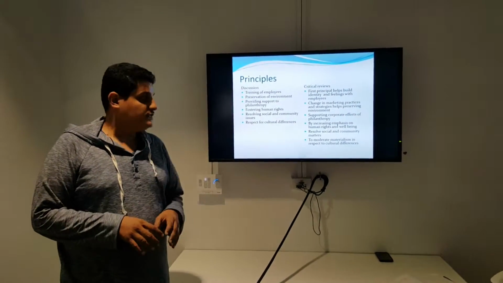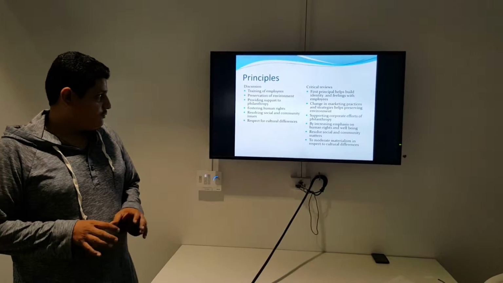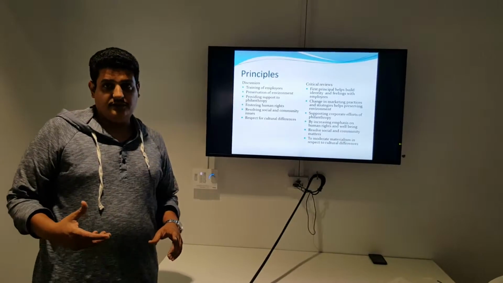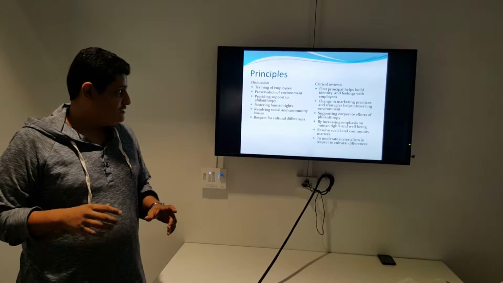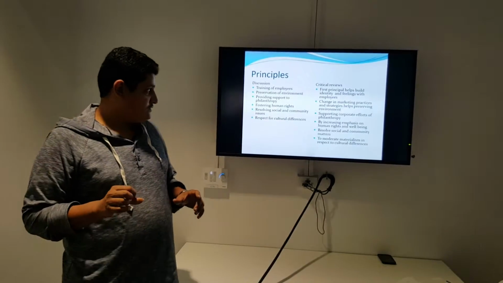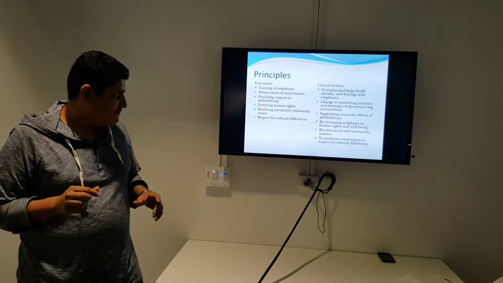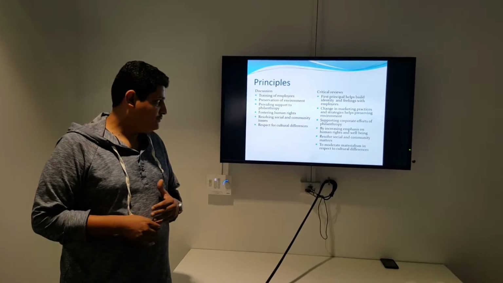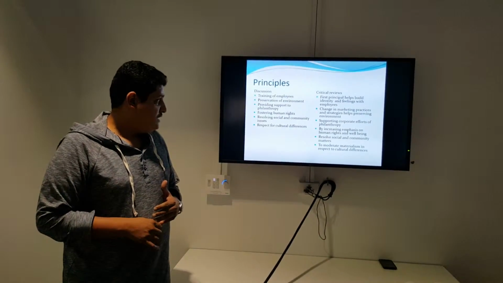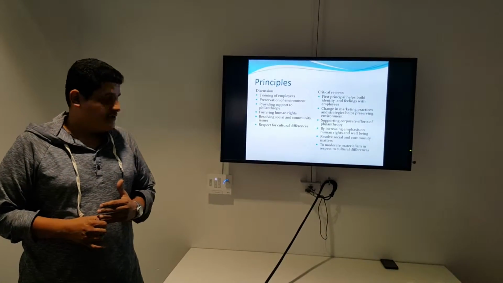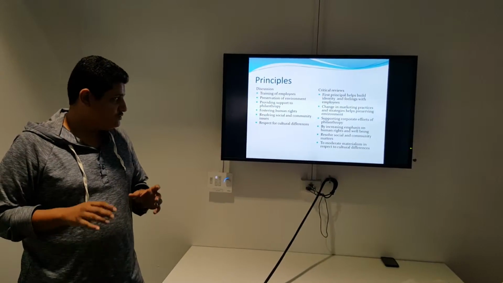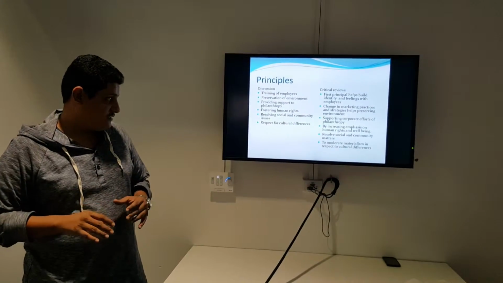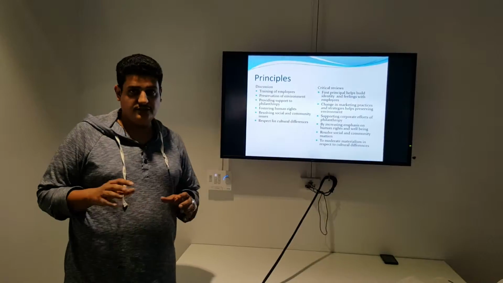Supporting and cooperating with causes of planetary material, by increasing emphasis on human rights and well-being, resolving social and community matters, and the last one is to moderate materialism in response to cultural differences.